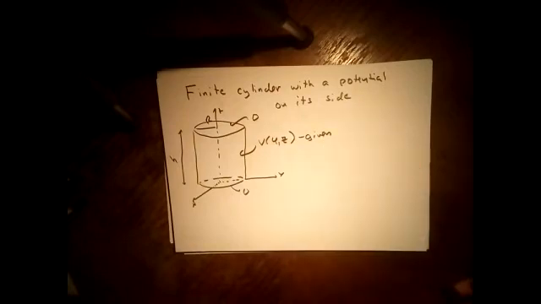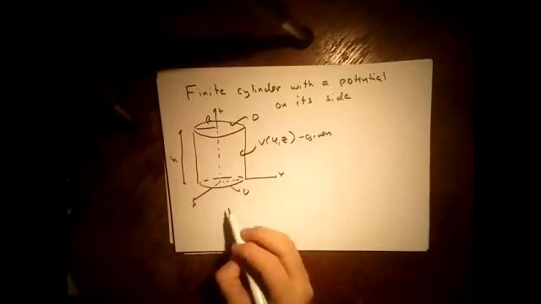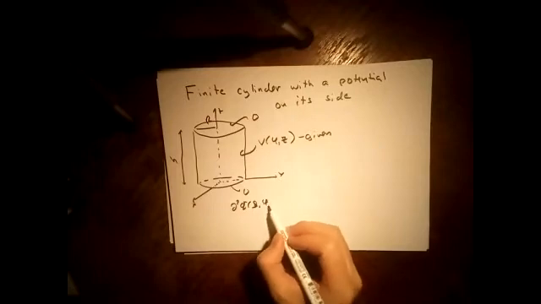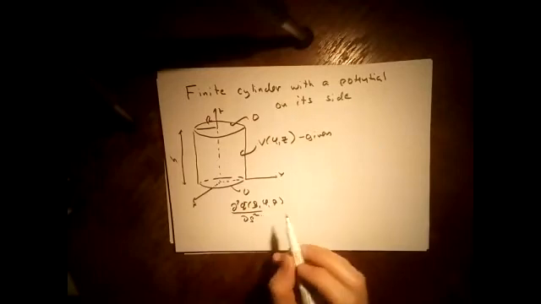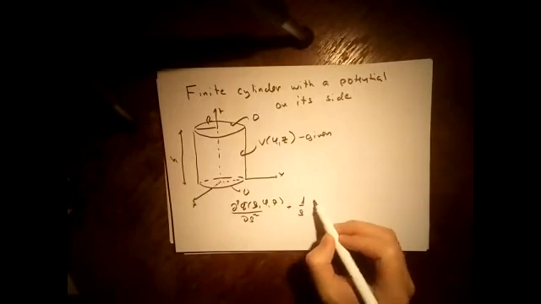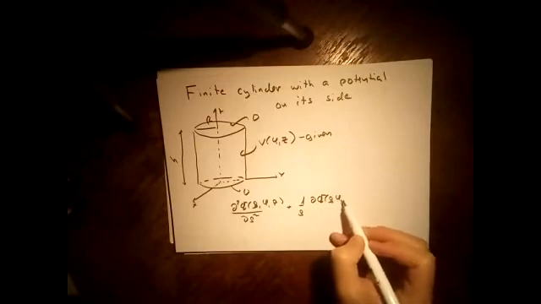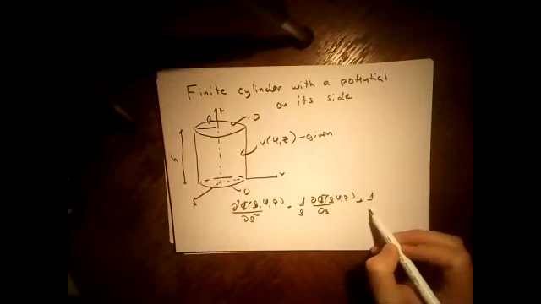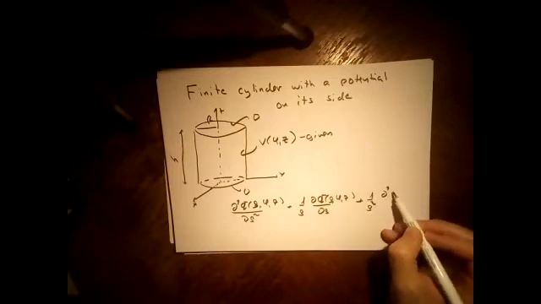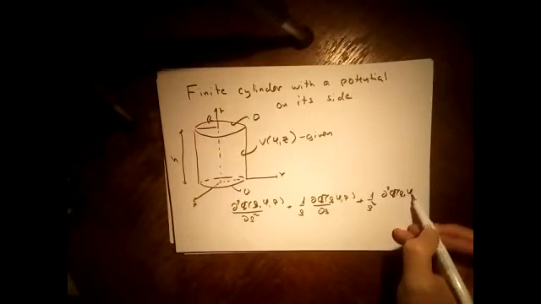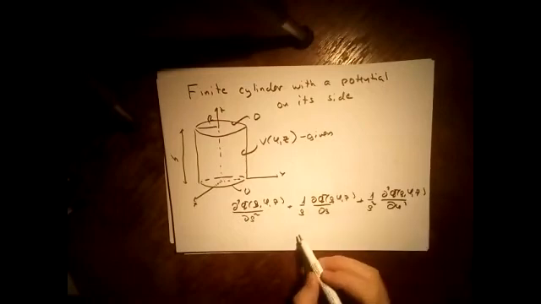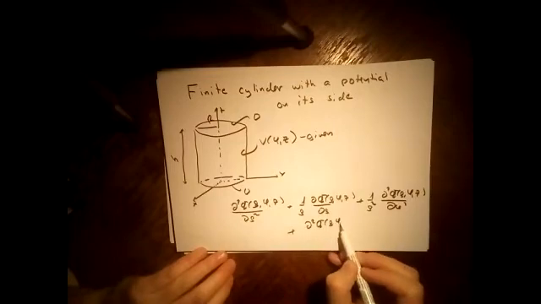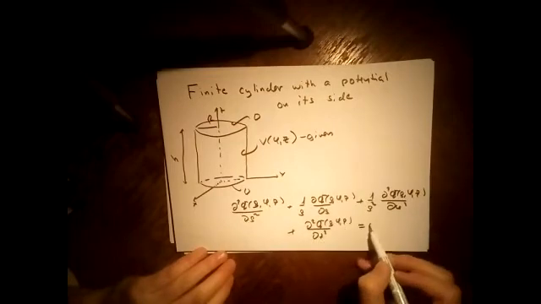Okay, now, in this case, I'm going to write the Laplace equation as the second derivative with respect to rho of Phi(rho, phi, z), plus 1 over rho times the first derivative, plus 1 over rho squared times the second derivative with respect to phi, plus the second derivative with respect to z, that's equal to 0.